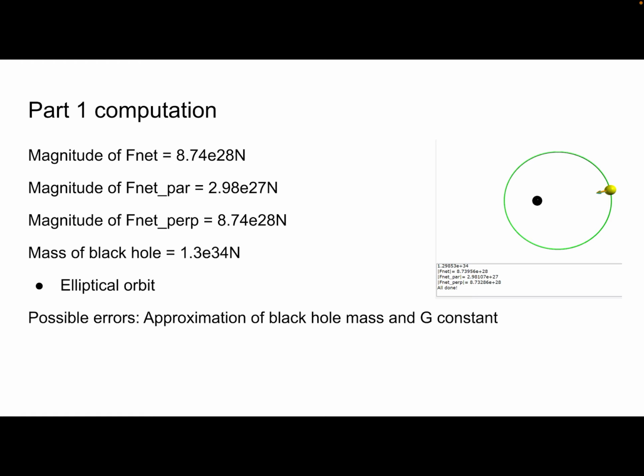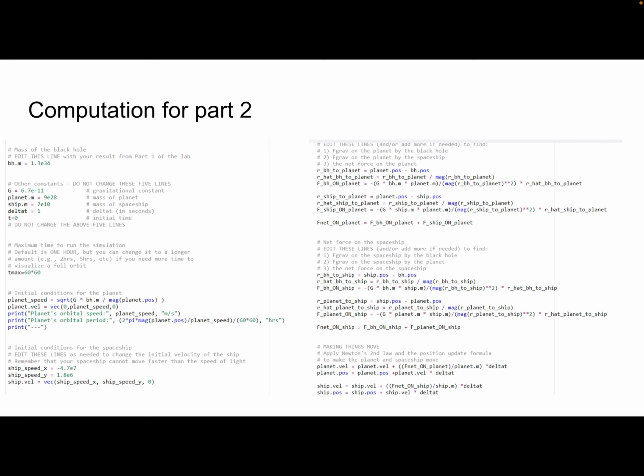The magnitude of F net perpendicular is equal to 8.74 times 10 to the power 28 newtons. And the mass of the black hole results in 1.3 times 10 to the power of 34. With this, we get that it is an elliptical orbit, but there might be possible errors because the black hole mass was an approximation, and so was the G constant.